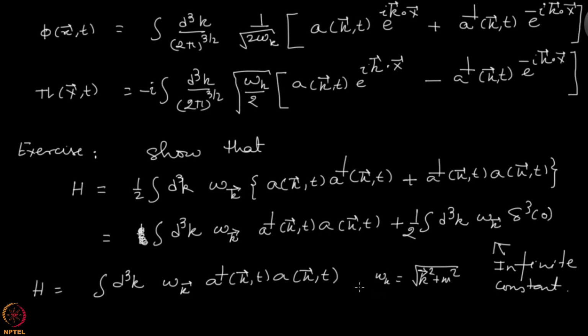With this in mind, it's easy to guess that the momentum operator P would be the following. All this will remain the same, and here, instead of omega k, I would expect to have k. I will do it at a later point of time properly and show you how to arrive at this.